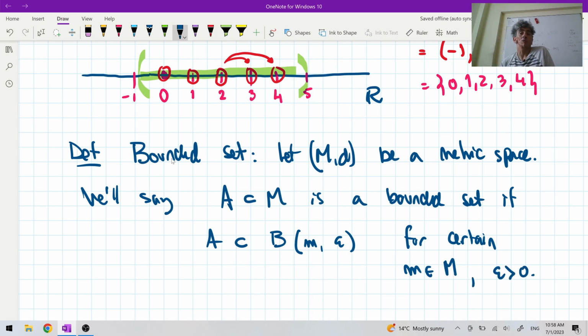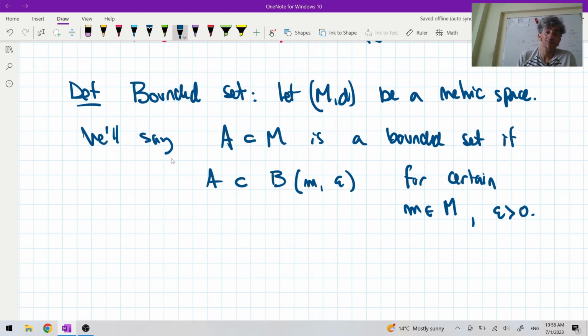So a set is bounded if it can fit inside a ball, right? Examples abound, and not every set is bounded.